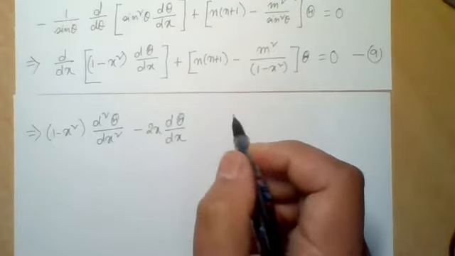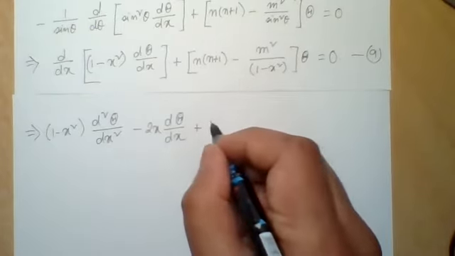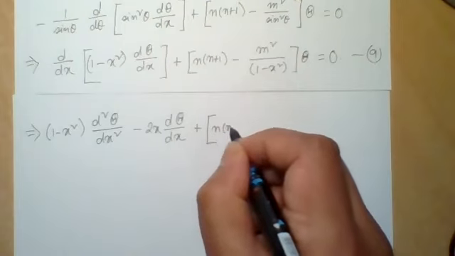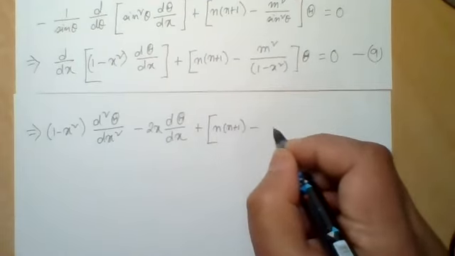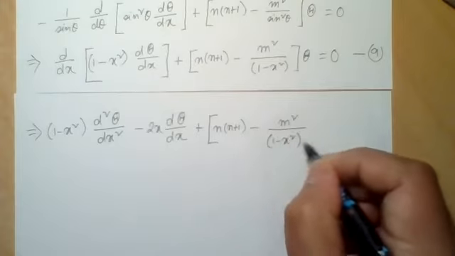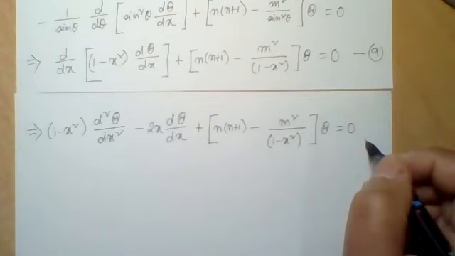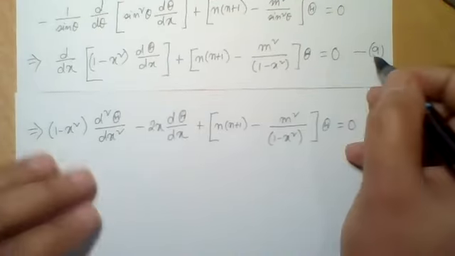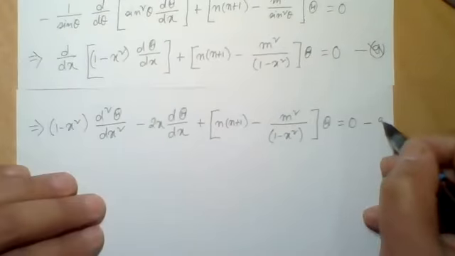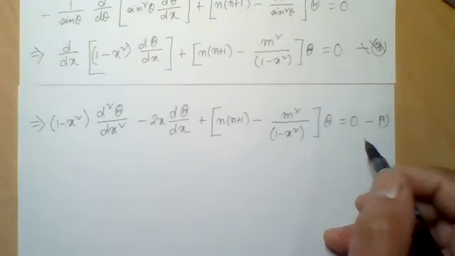Then this term remains as it is, plus n into n plus 1 minus m square by 1 minus x square, capital theta, is equal to 0. Let us call this equation number 9, the simplified version. This is the associated Legendre equation.